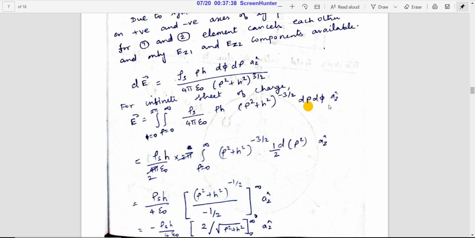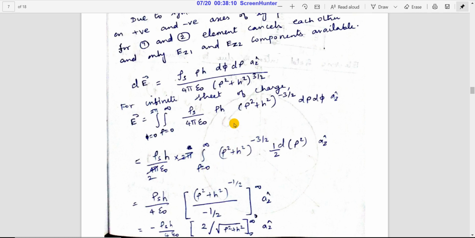Now we are going to integrate this dφ. Since there are no φ terms here, we integrate this dφ term and apply the limits. We will be having 2π minus 0. So this particular integral has been calculated as 2π. So we can cancel these two values as ρ_s h divided by 2 ε_0.